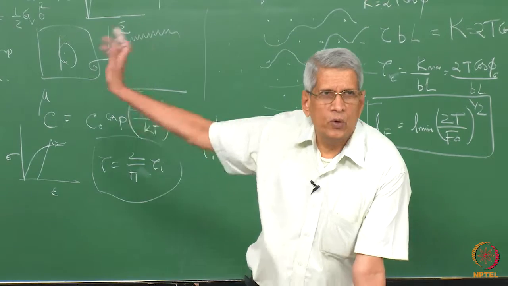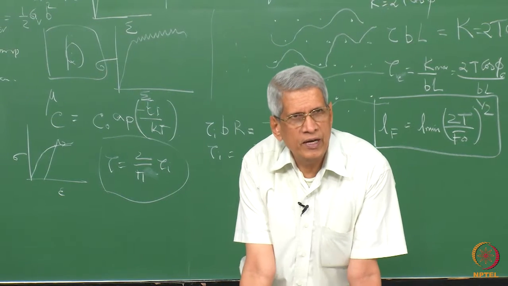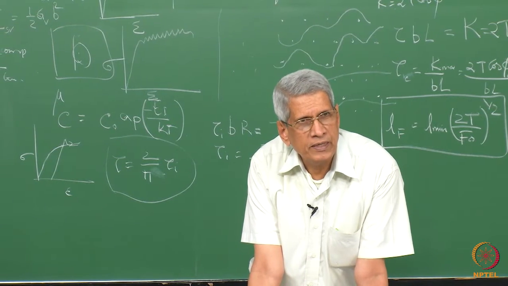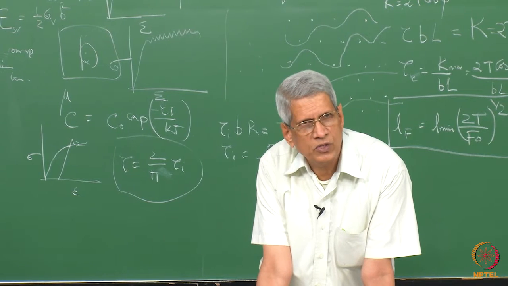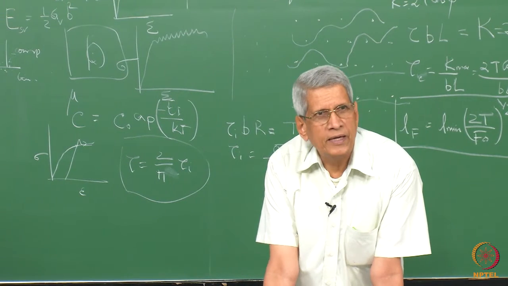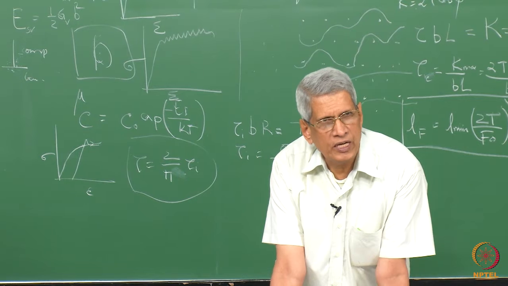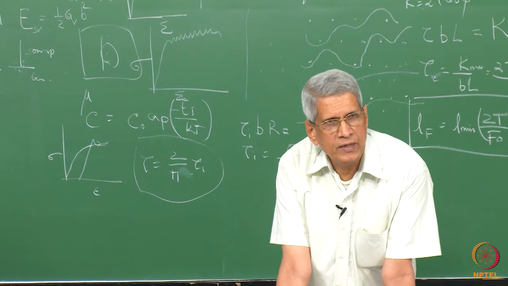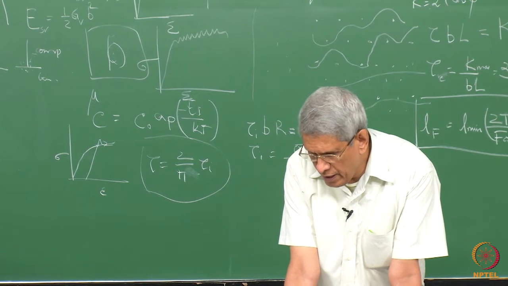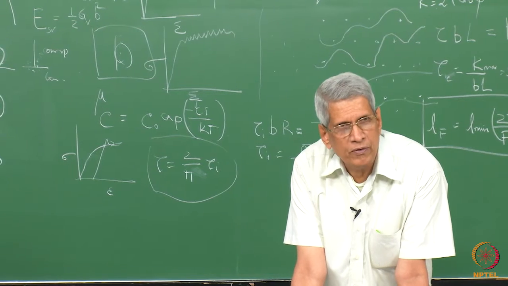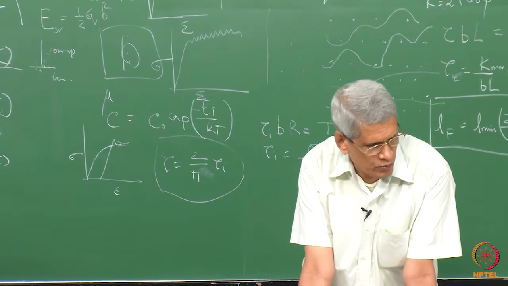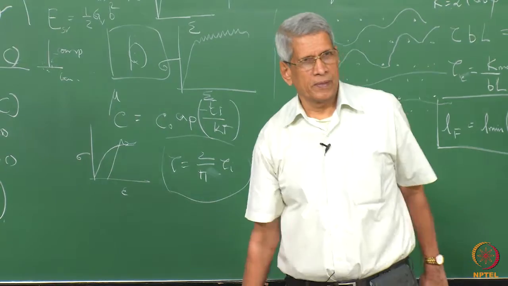More information about how this affects the mechanical properties, especially the yield strength and flow stress, most of you will be studying in mechanical behavior. That is not the objective of this course.